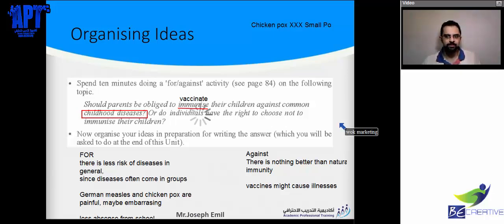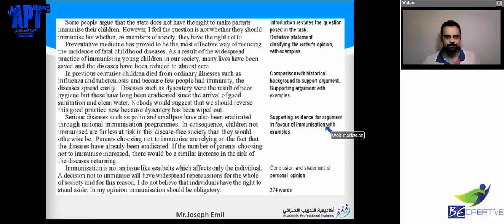Let's take a look at the next page, where we will see big writing here, 250 words, 274 words to be more exact. And it's written by an examiner, okay, as a model answer. So this answer should take a 9 out of 9.